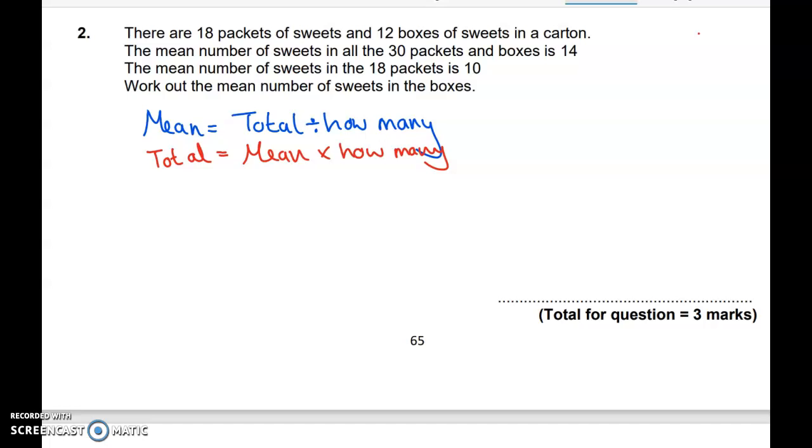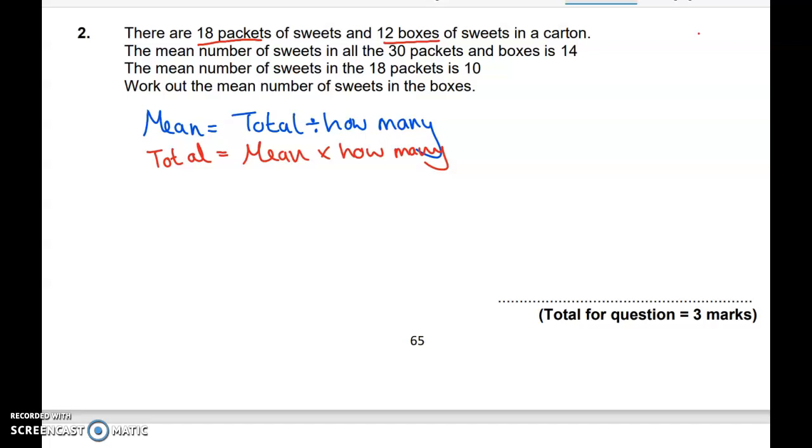I'm going to underline and read. There are 18 packets of sweets and 12 boxes of sweets. So already you've got two different items here, packets and boxes. They're all sweets, but they're in different containers.